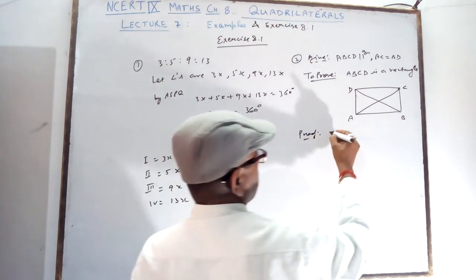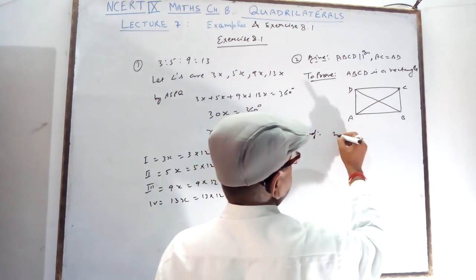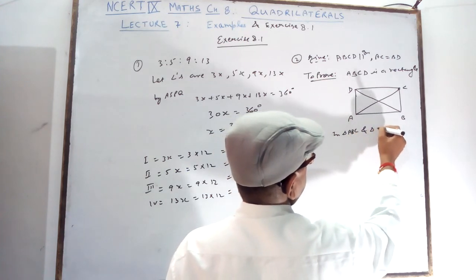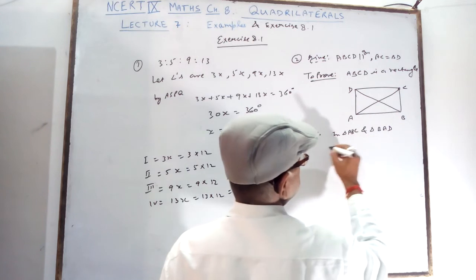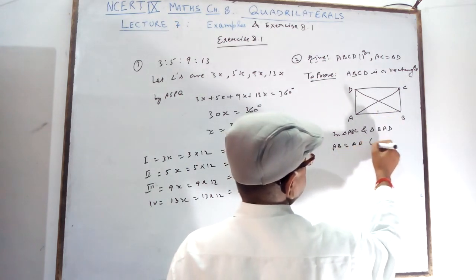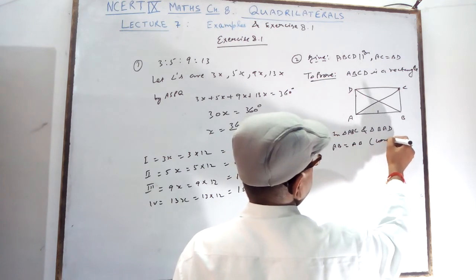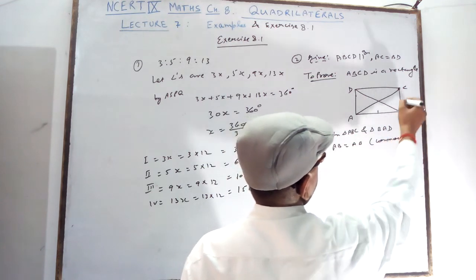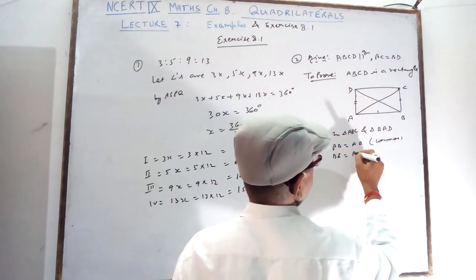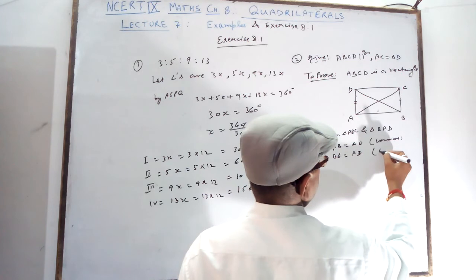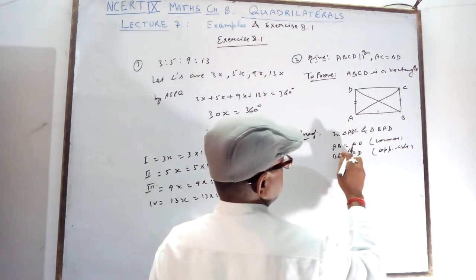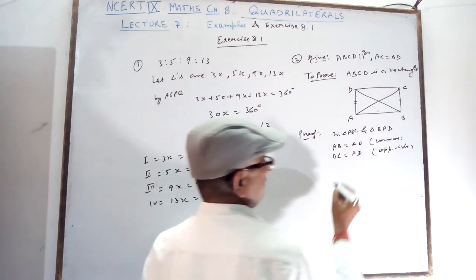It is a parallelogram. So in triangle ABC and triangle BAD, AB is equal to AB, common. BC is equal to AD, opposite sides.